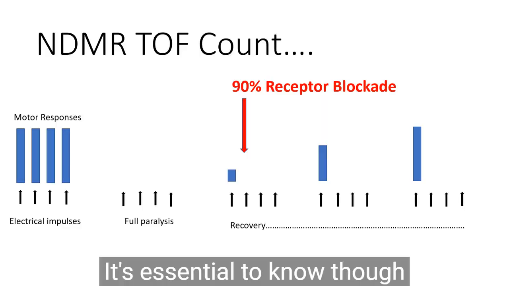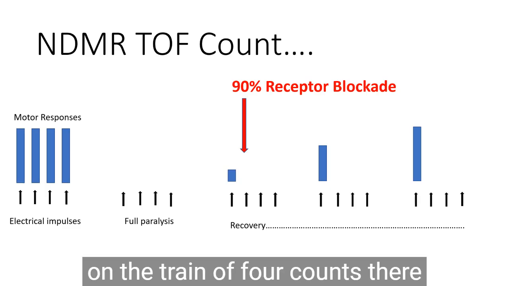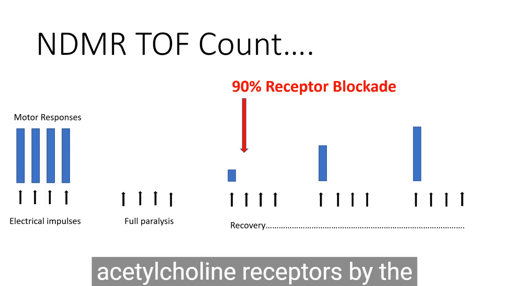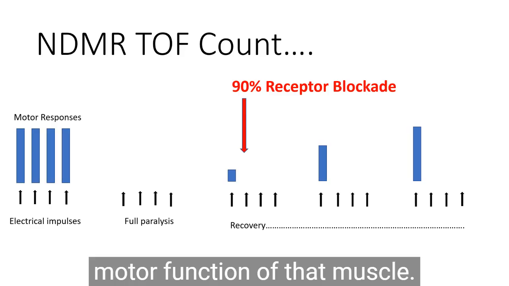It's essential to know, though, that when the first twitch returns on the train of 4 count, there is still 90% blockade of the acetylcholine receptors by the drug, and so 90% blockade of the motor function of that muscle.